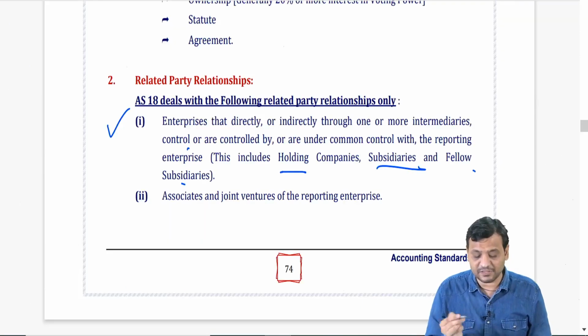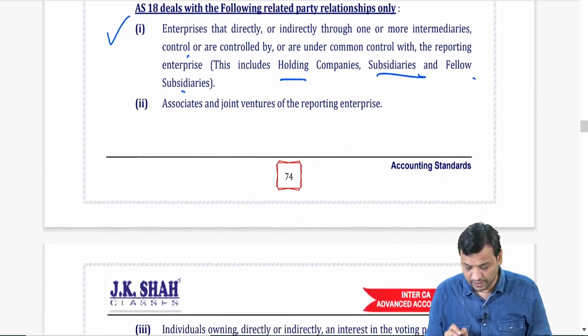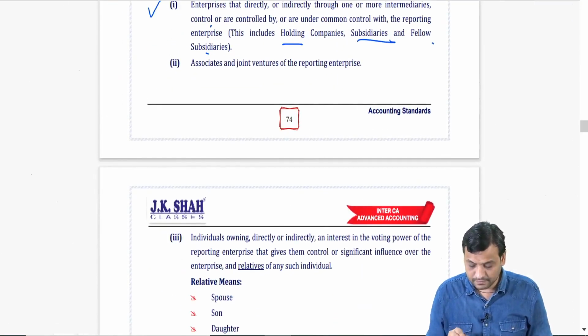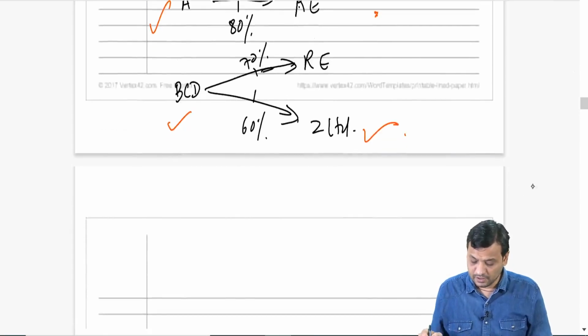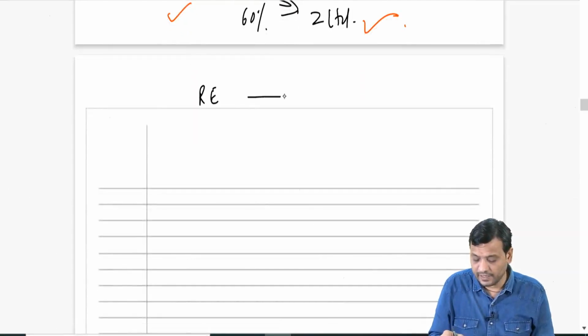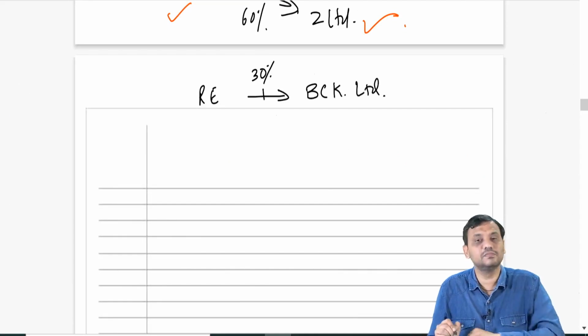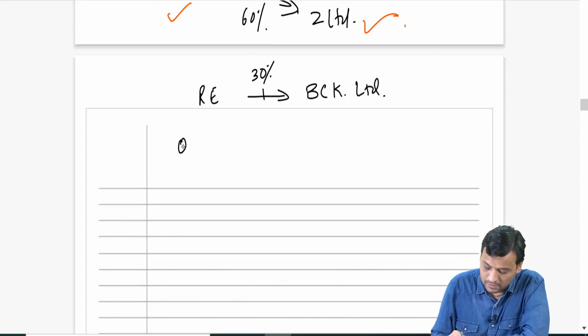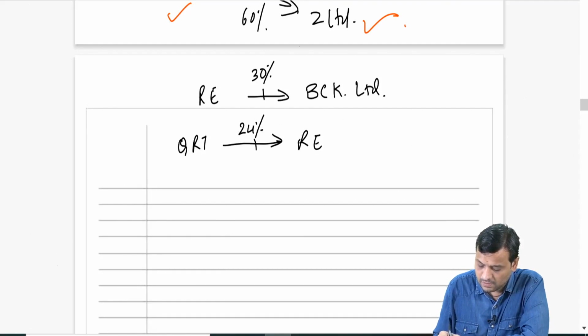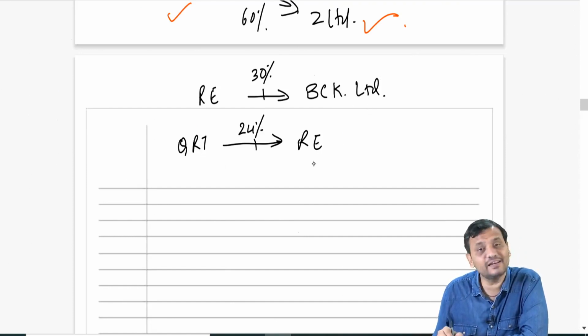The second relationship is with respect to associates and joint ventures of the reporting entity. Associate and joint venture. So, nothing but the reporting entity holds somewhere around say 30% of BCK Limited, or so we say the reporting entity is investor, BCK Limited is associate, QRT is investor, reporting entity is associate.